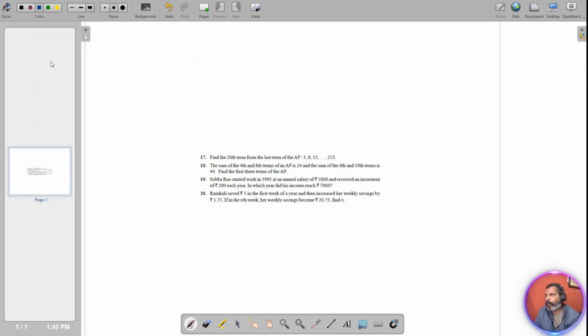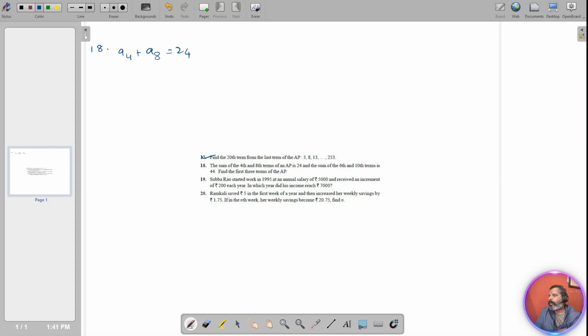Next question, the 18th one. The sum of the 4th and 8th terms of an AP is 24. Please read the question properly. Sum of the 4th and 8th term means a4 plus a8 is given as 24.